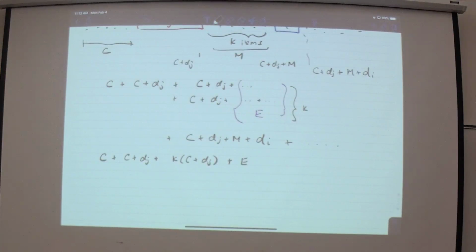So plus E plus C plus DJ plus M plus DI plus, let's call this F. All right. And we can simplify this. This will be basically C plus K plus 2 times C plus DJ plus E plus F plus M plus DI. Okay? All right.